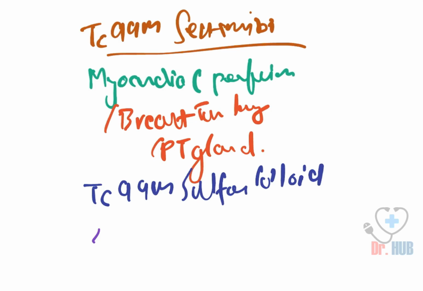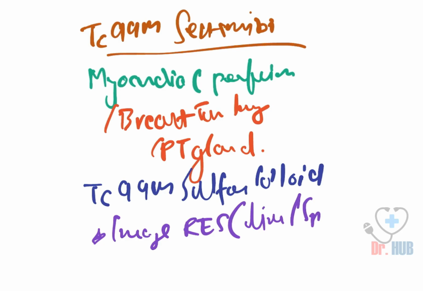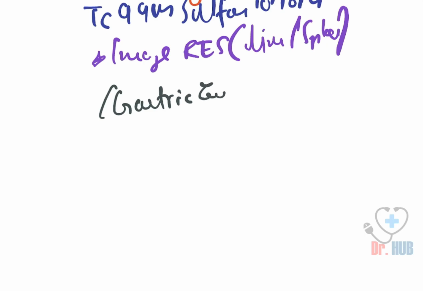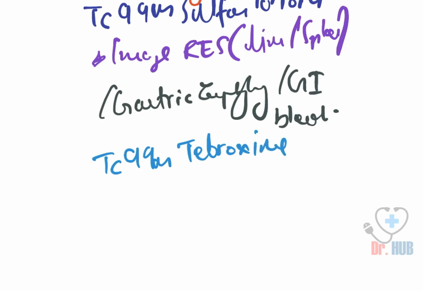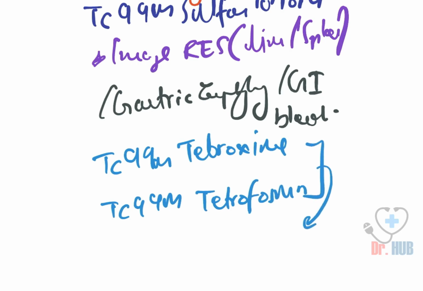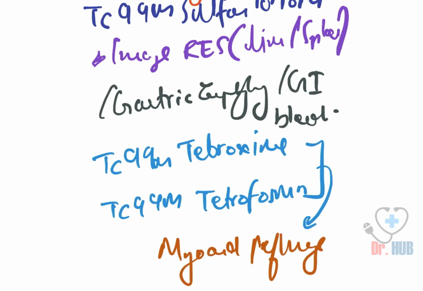The sulfur colloid is used in imaging of the RES, that is the liver and the spleen, and also gastric emptying and GI bleeds as well. Then we have the TC99M teboroxime, as well as the TC99M tetrofosmin. Both of them are used in myocardial perfusion imaging.